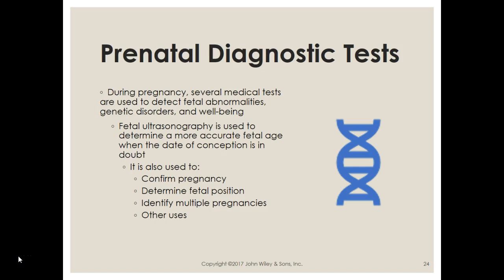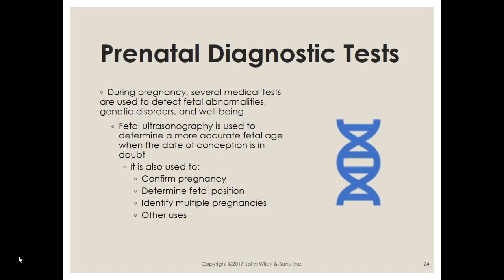This is a very, very common use of diagnostic ultrasound technology, just to make sure that there is an accurate fetal age, because as we know, we don't always remember exactly when our last menstrual period was, and sometimes you may have a little bit of spotting and you may think that was your last period and perhaps you had already been pregnant for a bit.